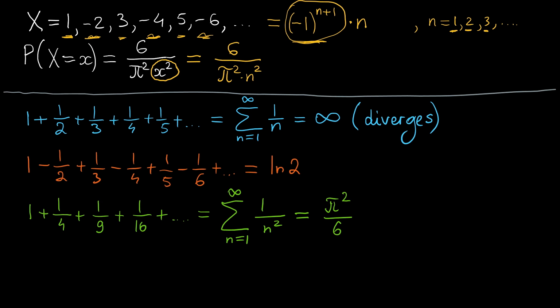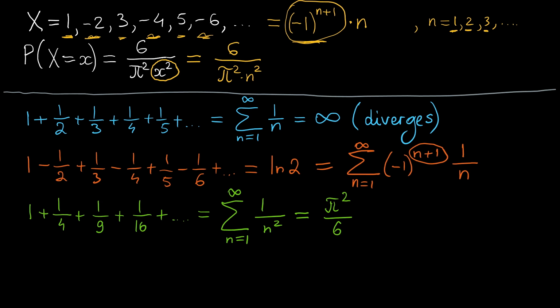And I've forgotten to write this second one as a summation, so let's do that. It's the sum of minus 1 to the power of n plus 1. So as n equals 1, the exponent here is going to be 2, and minus 1 raised to the power 2 will give us a positive sign. Okay, so sorry, we've only taken care of the sign here, but we still need 1 over n, right?